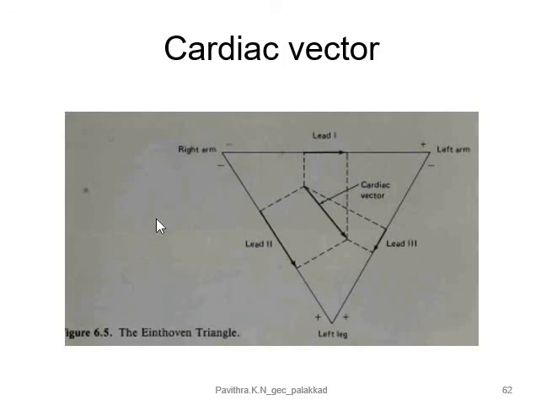So that voltage will be the dot product of the lead vector and the cardiac vector. Similarly, this cardiac vector and the lead vector product we will obtain as the voltage output of this lead, that is lead 1.